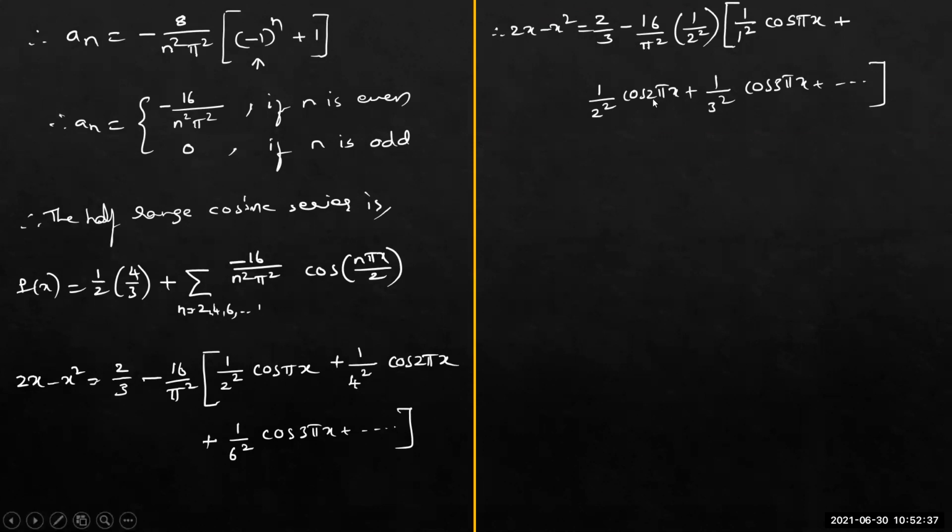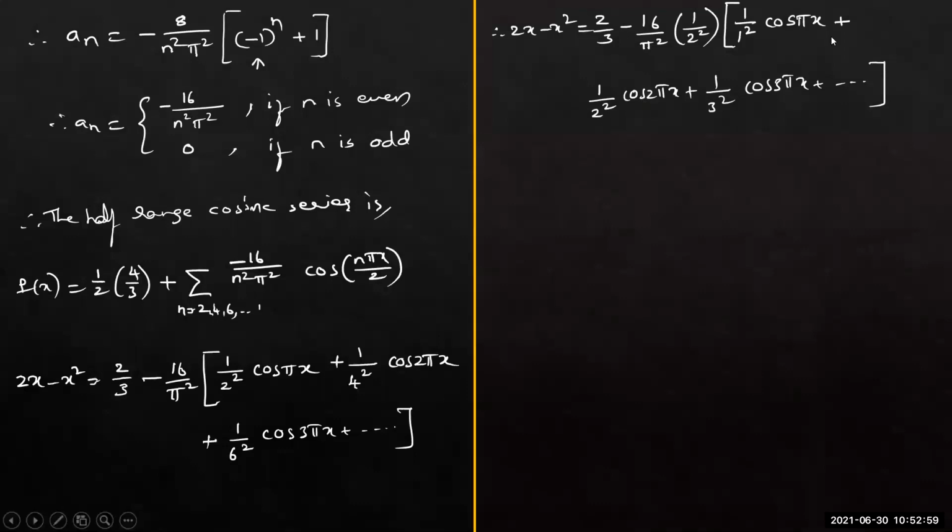But when the coefficient is an even number, like cos 2 pi, cos 4 pi, they are all positive values. So for even numbers you are getting plus 1, and for odd numbers you are getting minus 1, right? That is how you get those values, isn't it?